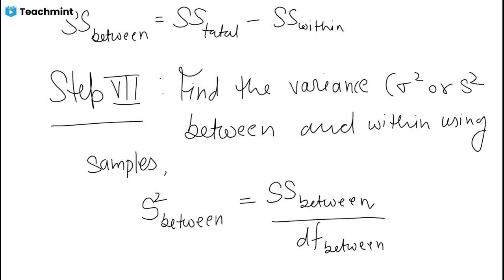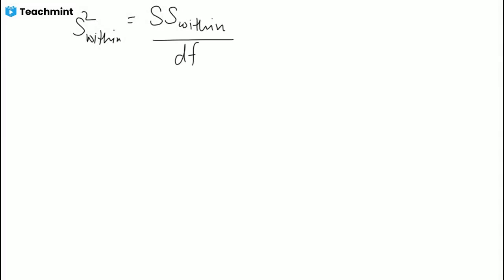Similarly, for within, s square within is equal to sum of square within over degree of freedom within.